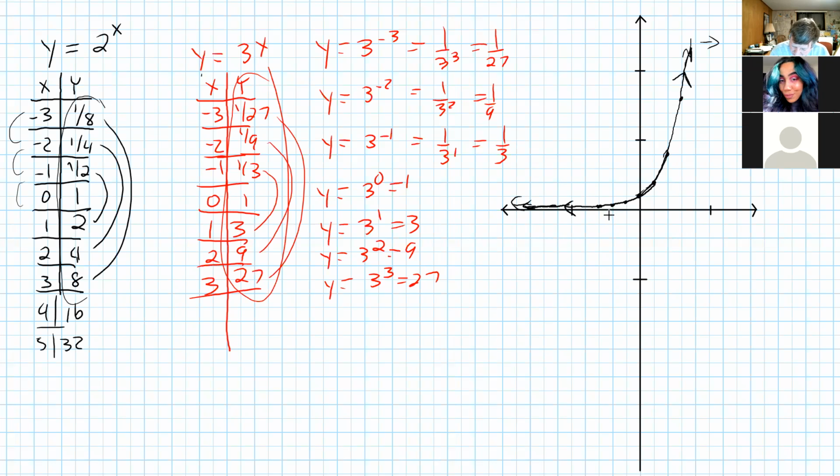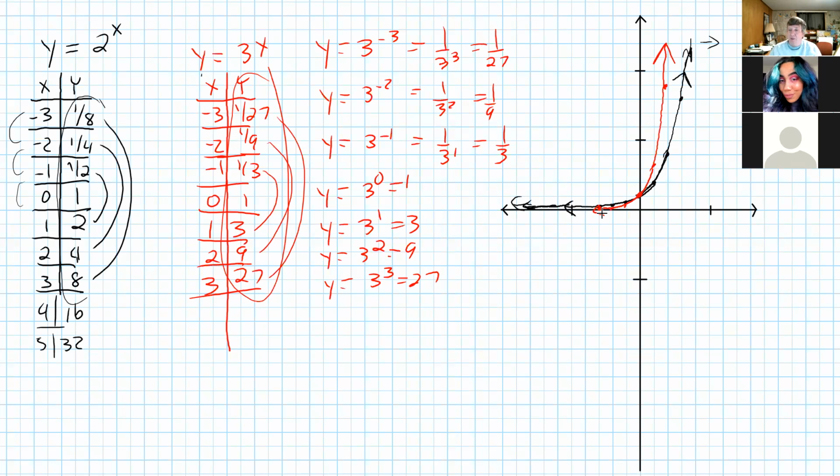When x is -3, y is 1/27, then 1/9, 1/3, 1, 3, 9, and then 27 is off the graph. But do you see that to the right of the y-axis, it's climbing steeper and steeper?